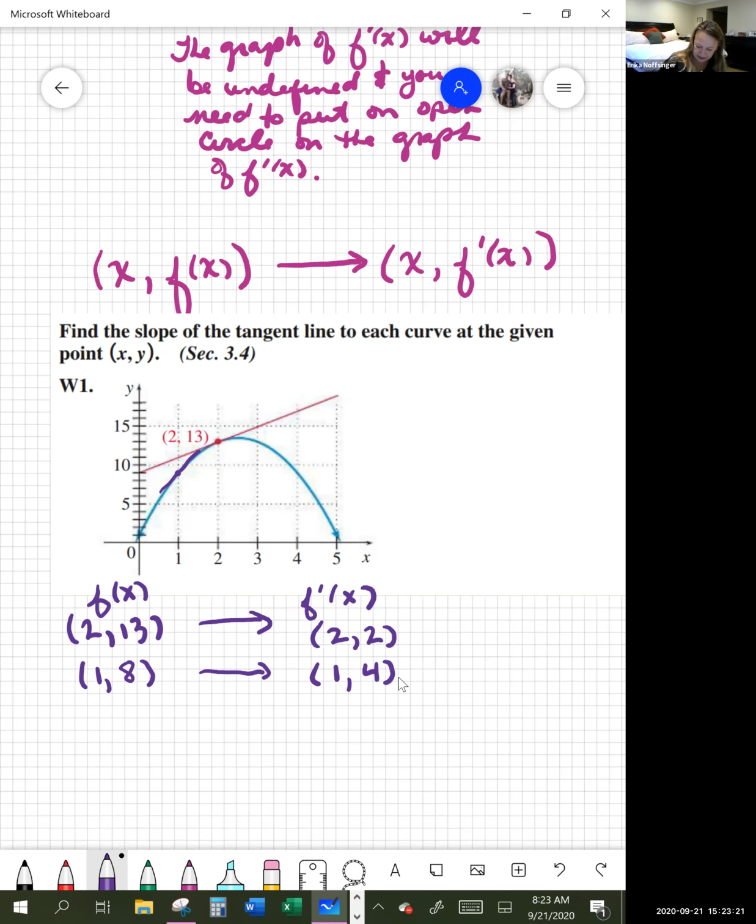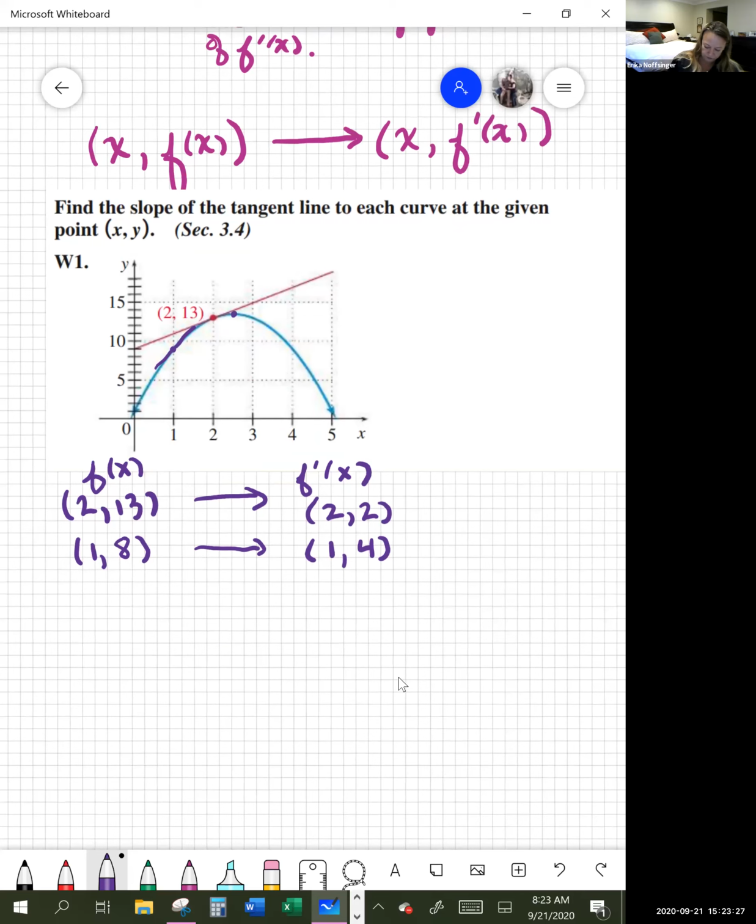If we look at this, notice that in general, our graph of f of x increases for all the x values until it looks like we hit 2.5, right? So this graph is a parabola.